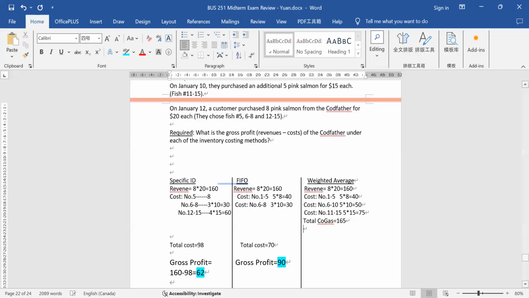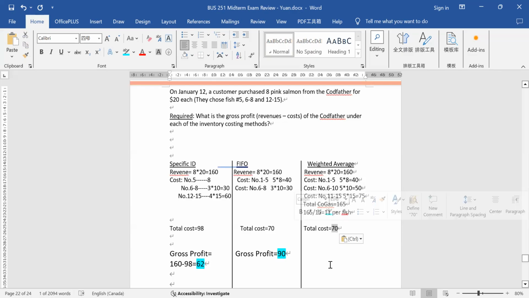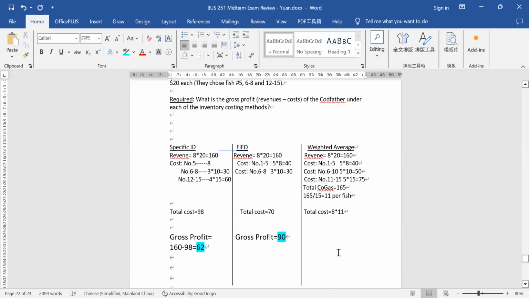You have 15 fish. So 165 divided by 15 equals 11. That's the new cost of your fish. And then what is your total cost? You sell 8 fish, right? Times 11 per fish, and this is the total cost for you.